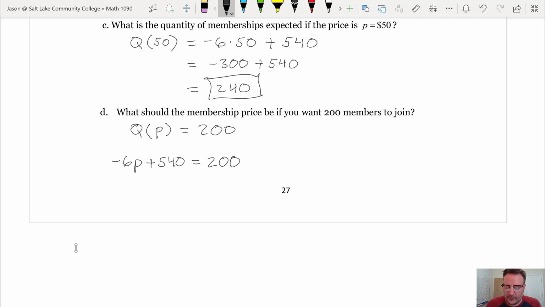Okay, I'll subtract 540 from both sides, and I get -6P is equal to -340.